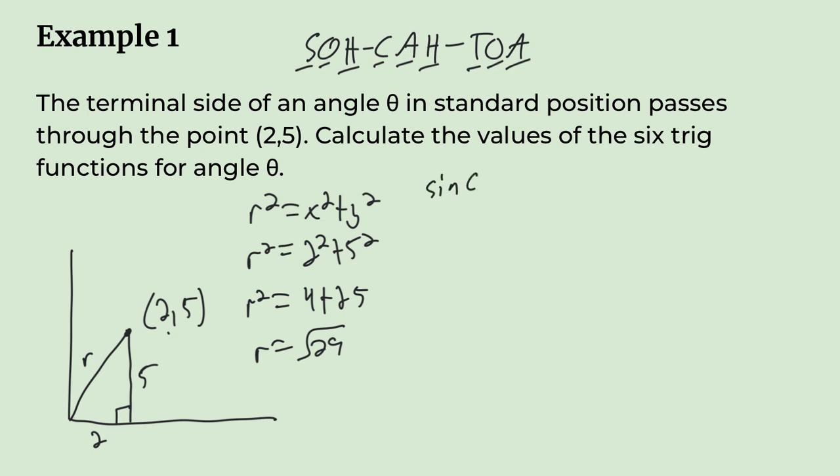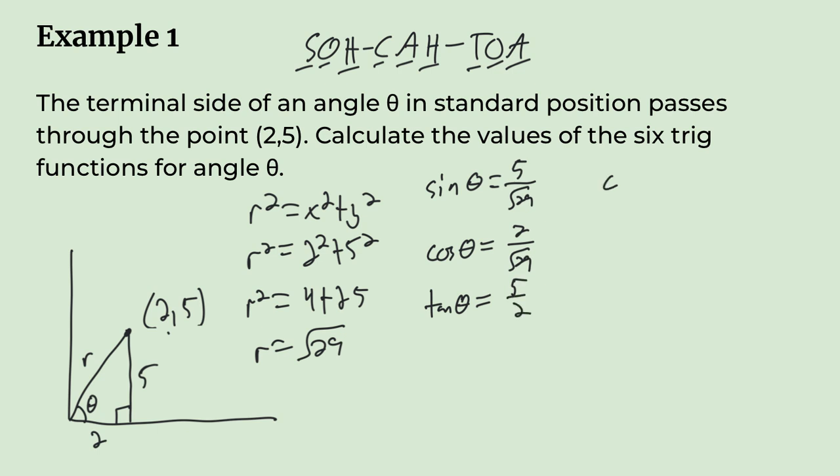So sine of theta is equal to 5 over square root of 29. Cosine of theta is equal to 2 over square root 29. Tangent of theta is 5 over 2.